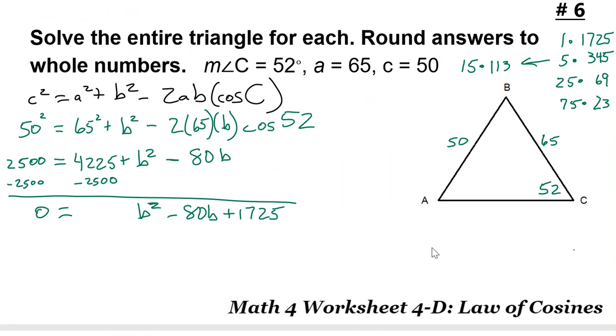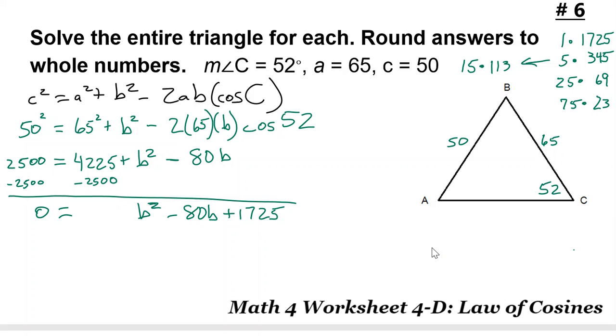I'm going to take a moment to sit here and look at the numbers and make sure that I haven't done something. Everything appears to be in place. There's A, there's cosine of C. Now let me double check on something here. 2 times 65 times cosine of 52 gives me 80.